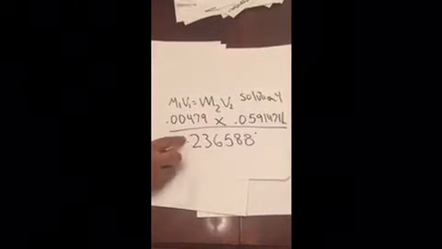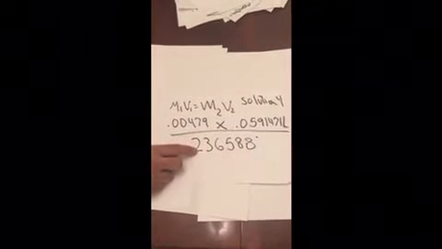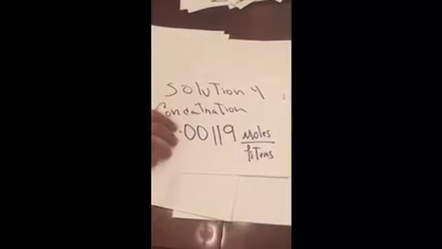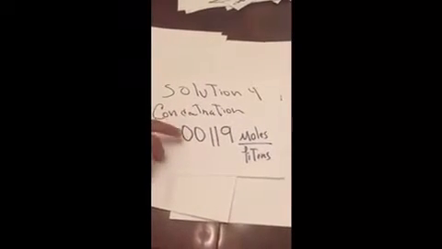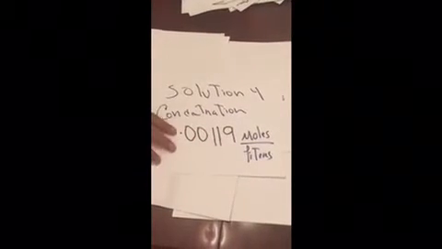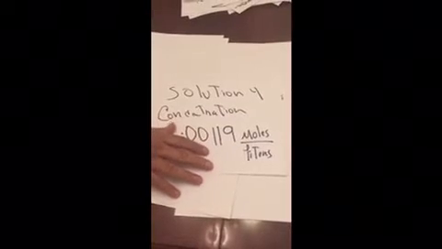I'm going to divide that by 1 cup, which is 0.236588 liters. My solution 4 concentration is 0.0019 moles per liter. As we can tell, our numbers are getting smaller and smaller.